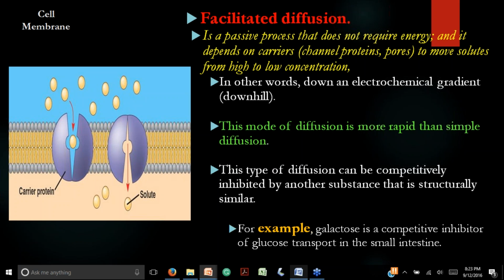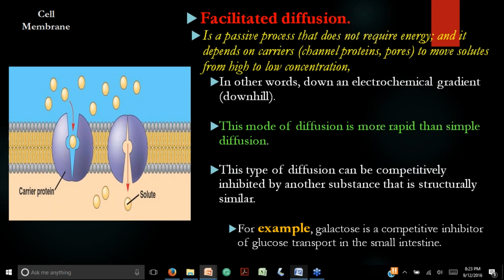Glucose enters into the cells through facilitated diffusion. Not only glucose, but also, for example, sodium, potassium, and chloride ions. The ones that are not able to pass through the membrane are going to use facilitated diffusion.